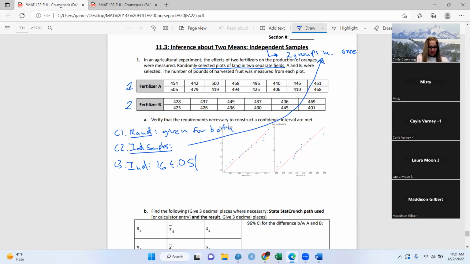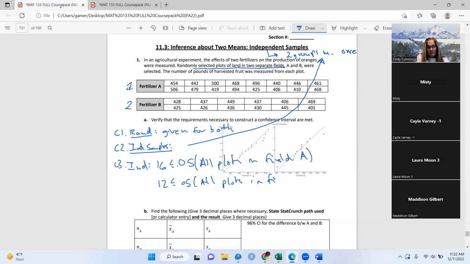So we've got field 1, and we've picked a plot from the field, and we've got field 2, and we picked a plot from the field. So it's really all plots in field A. And then this one, 2, 4, 6, 8, 10, 12, is the 12 plots from all plots from field B.